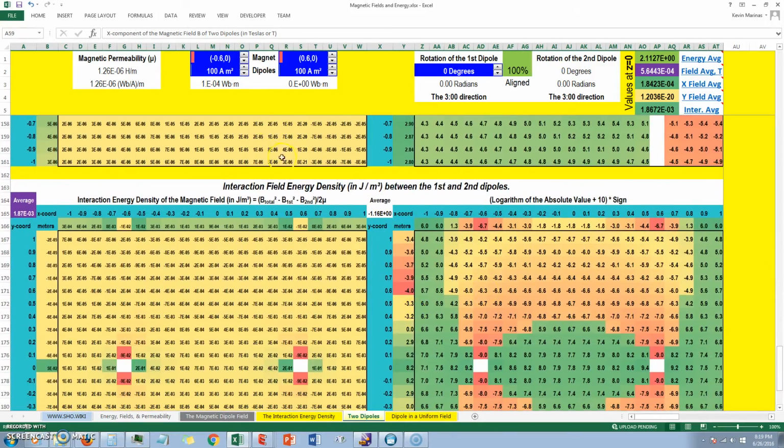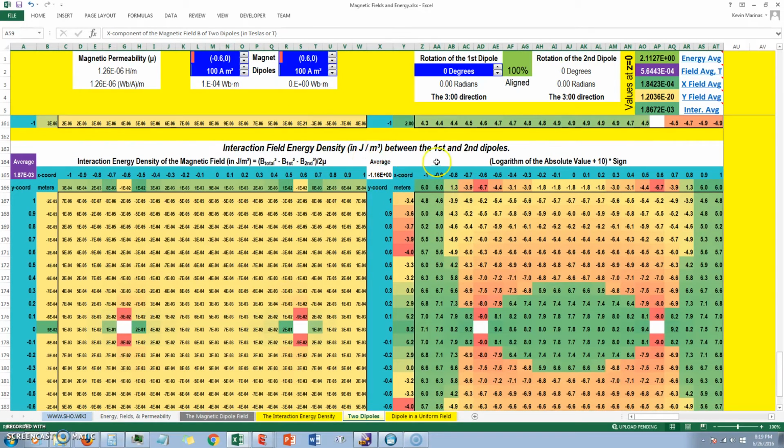So here's the interaction field energy density between the first and second dipoles. Now here they're aligned. So we have this green area, which is positive, and we got this red area, which is negative. Now, I have a positive average for the interaction field energy density.